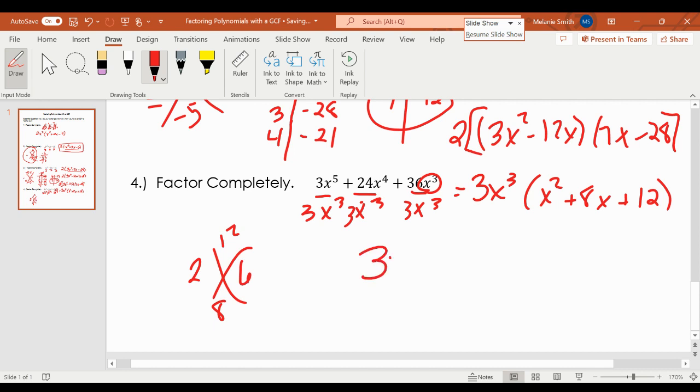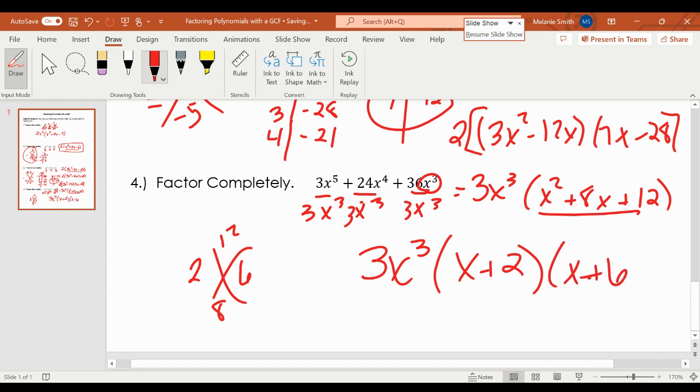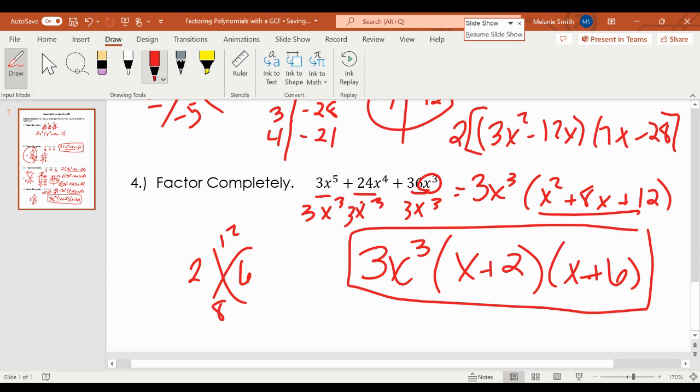So the fully factored form of this right here is going to turn into x plus 2 and x plus 6. And so this is the fully factored form of that expression.